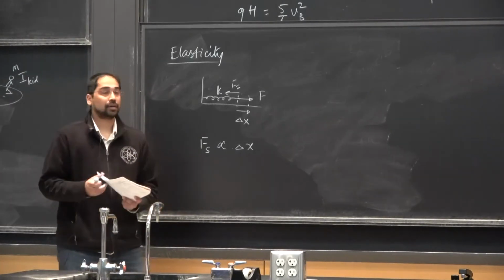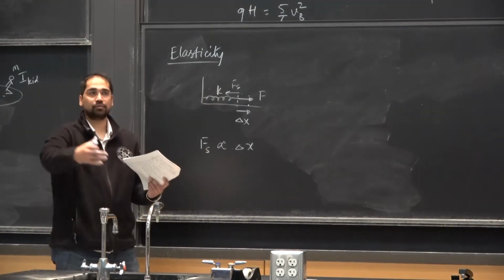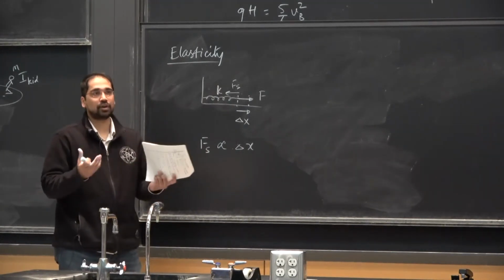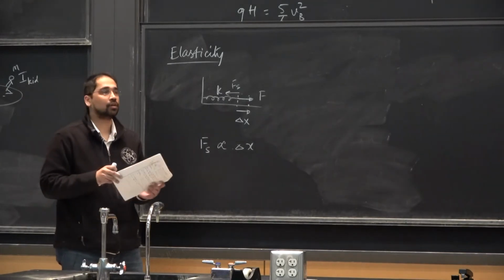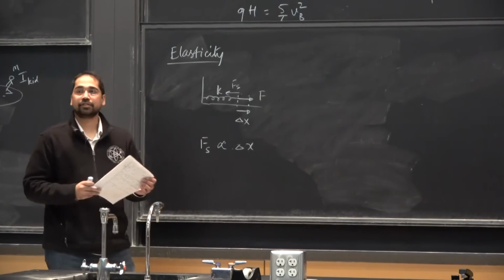If it's a really stiff spring, it's going to have a high value of K. It's not going to allow you to pull it that much. If it's a very soft spring, you can pull it a lot longer and then you experience enough resistance.